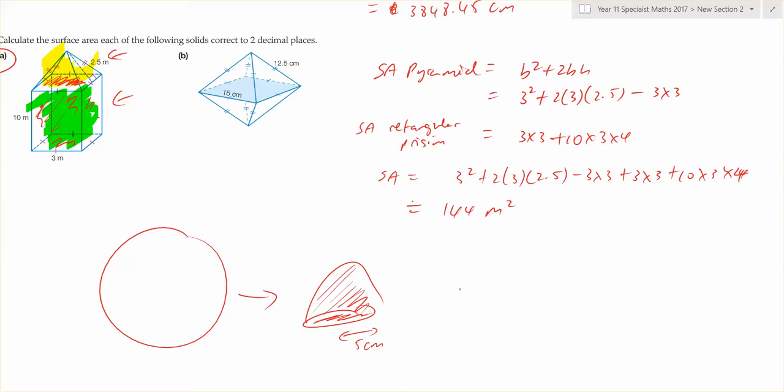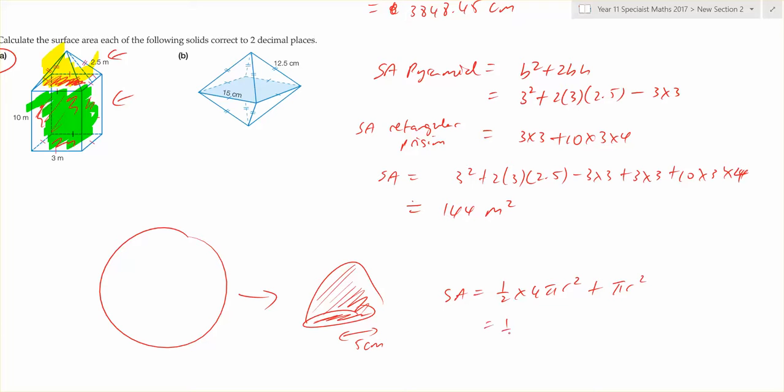So it's half of the formula for a sphere, half of 4 pi r squared, plus the area of a circle, pi r squared.